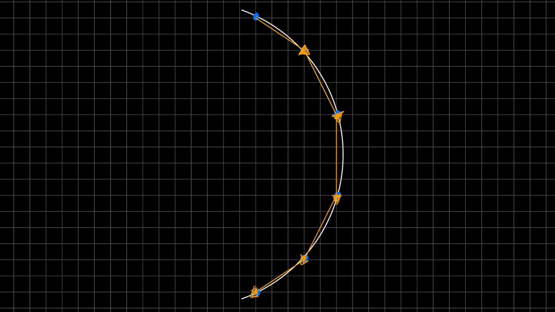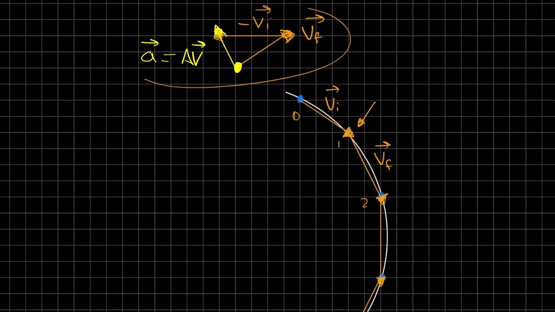Now, if I want to find what the direction of the acceleration is, I can take any set of 2 vectors. This is where I begin, and this would be my final velocity. So I can find out what the acceleration is at this point as it's moving between, say, starting from 0 to 1 to 2. I can find out what the direction of that acceleration is by performing this vector subtraction that we did earlier.